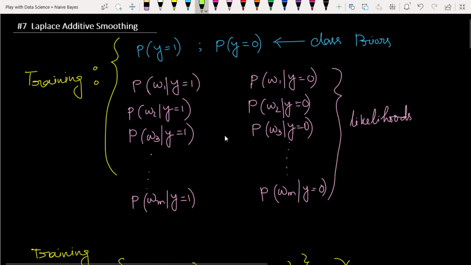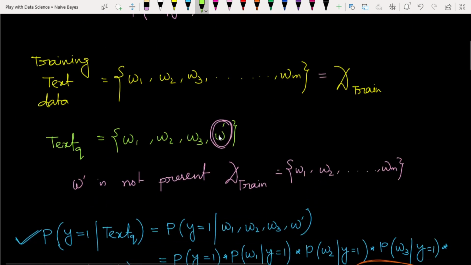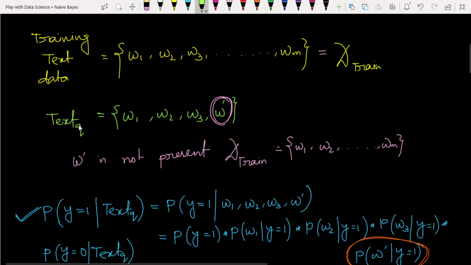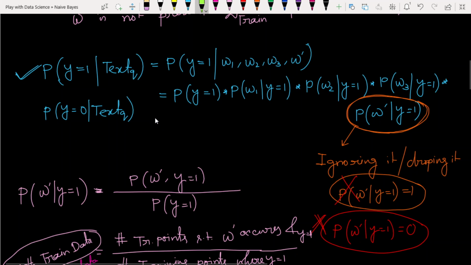I am just repeating this concept simply. If our query dataset has a word that is totally unknown from our training dataset, we are unable to find the likelihood probability of this unknown word.